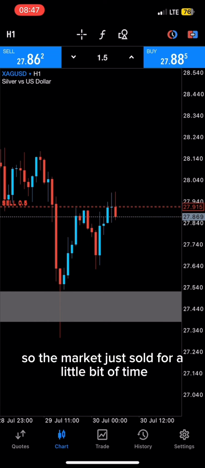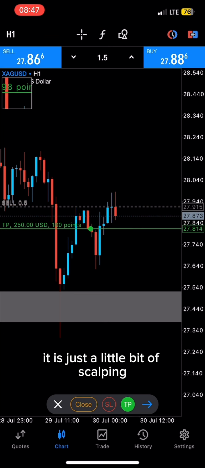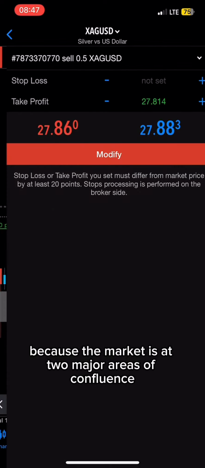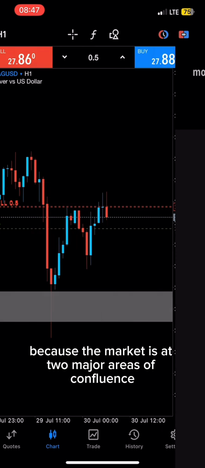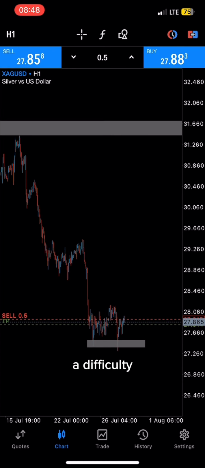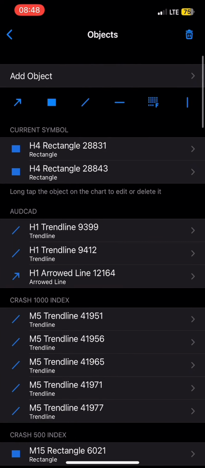So the market just sold for a little bit of time. It means the market might even go up, but however, it is just a little bit of scalping and then we leave the market because the market is at two major areas of confluence. So it means it is going to face a little bit of a difficulty before it breaks to whatever point it wants to go.